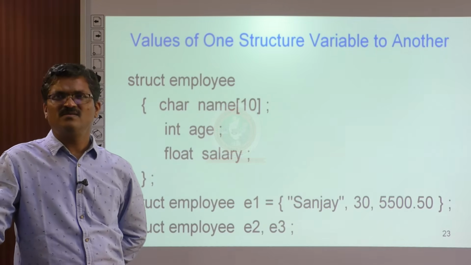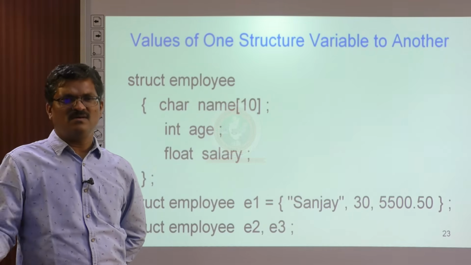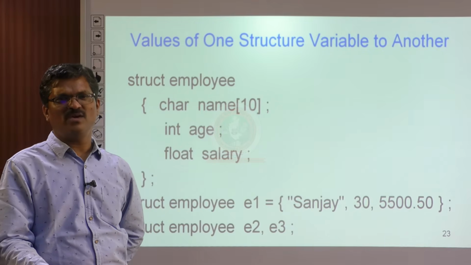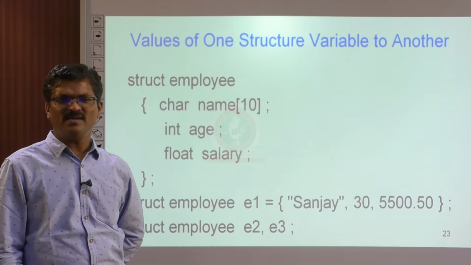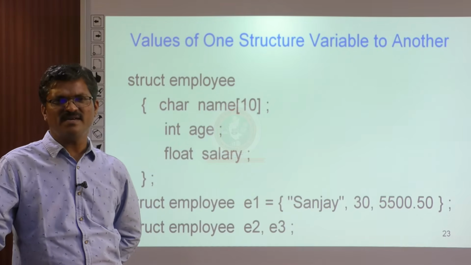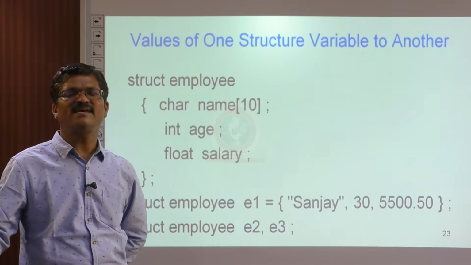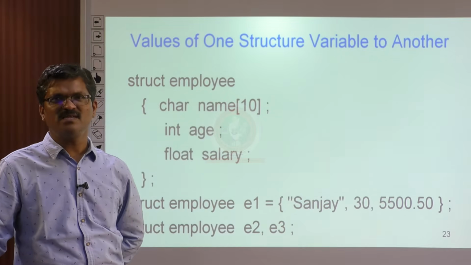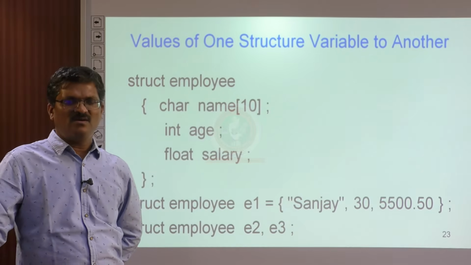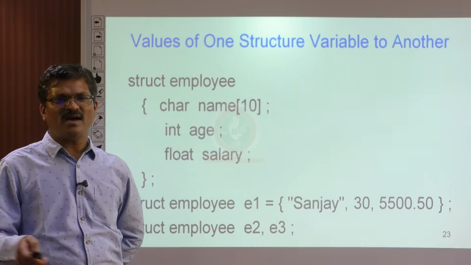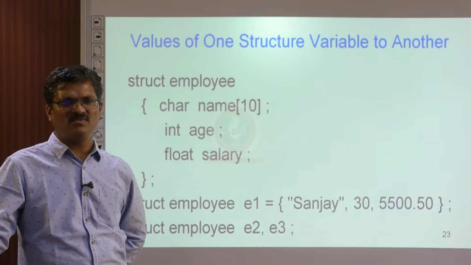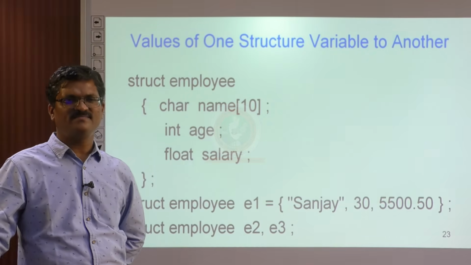E1 holds values corresponding to the employee, whose values are Sanjay, 30 and the salary associated with him. In the same way, we consider two other employees, E2 and E3.